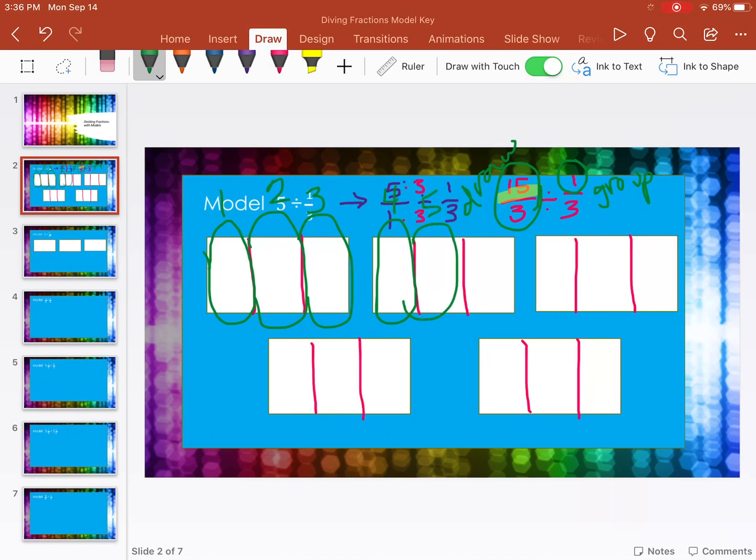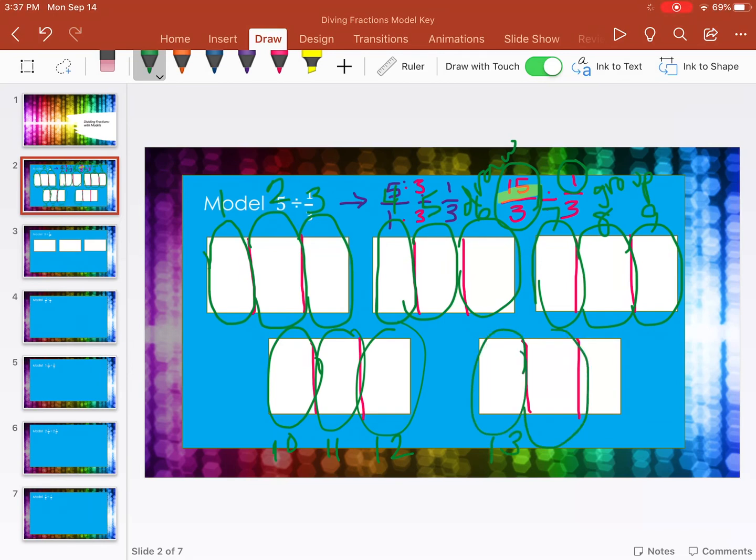There's 4, 5, 6, 7, 8, 9. Keep going. There's 10, 11, 12, 13, 14, and 15. So 5 divided by 1/3 equals 15 for my answer.